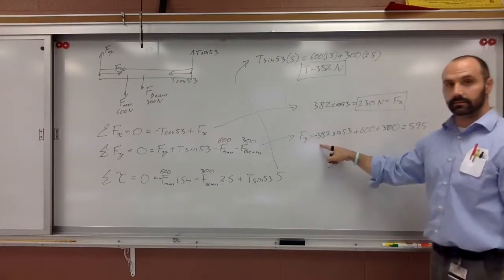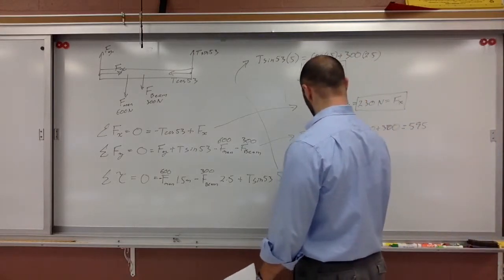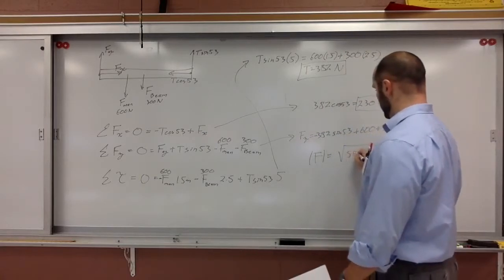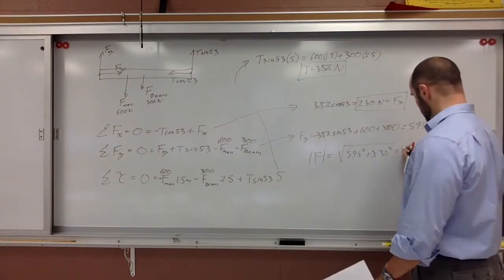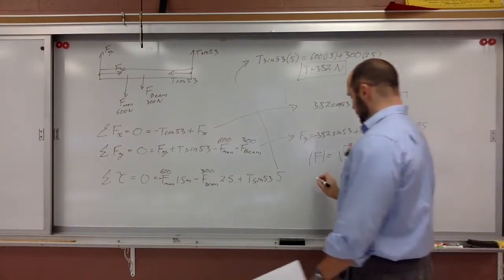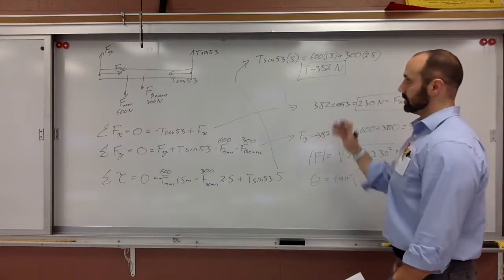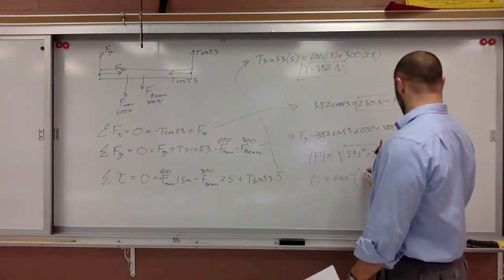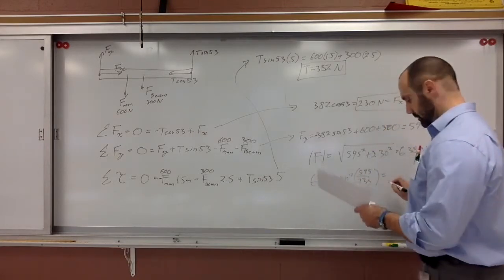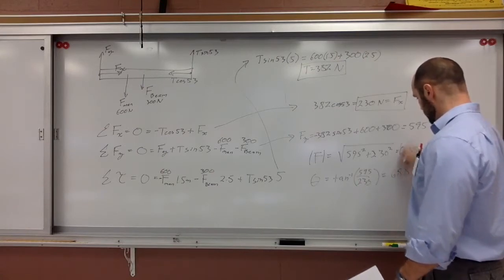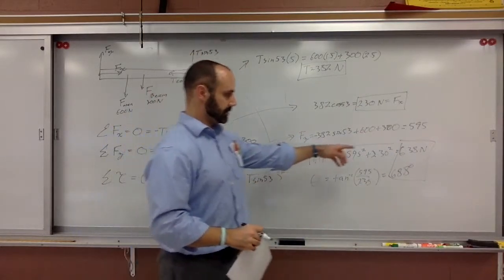So that's Fy. Now I want to find what F is. The magnitude of F will be the square root of 595 squared plus 230 squared, and we get 638. Theta is going to be the inverse tangent of the vertical over horizontal, so that'll be 595 over 230. So we get an angle of 68.8 degrees. And that is the force from the hinge, magnitude and direction.